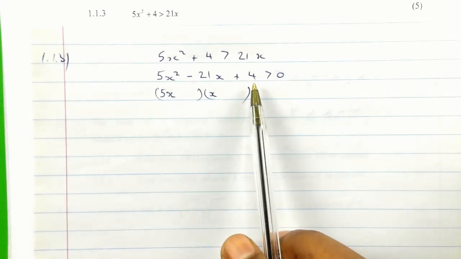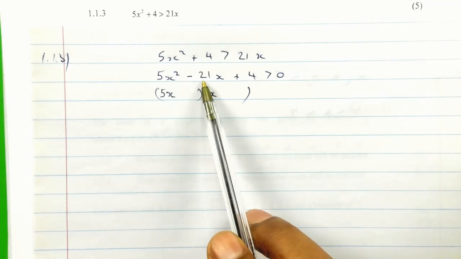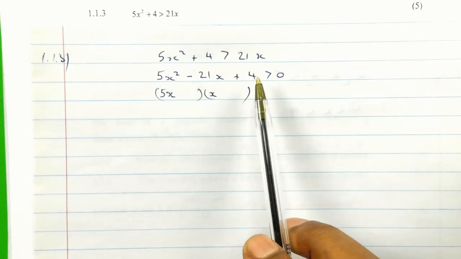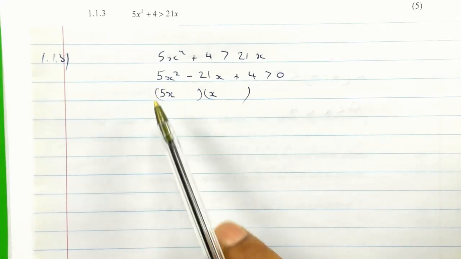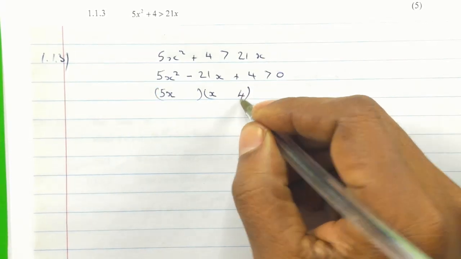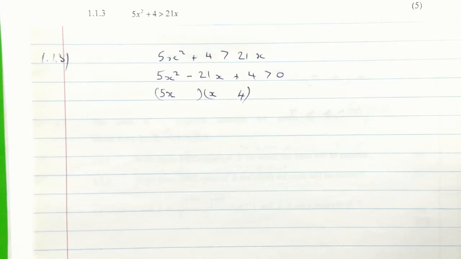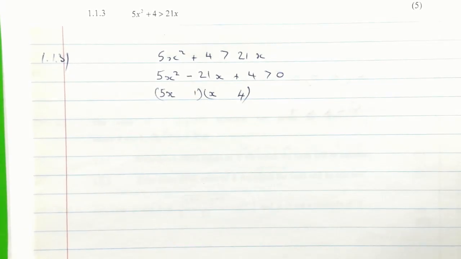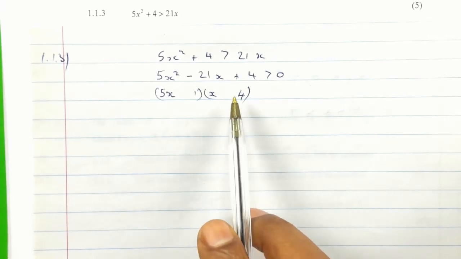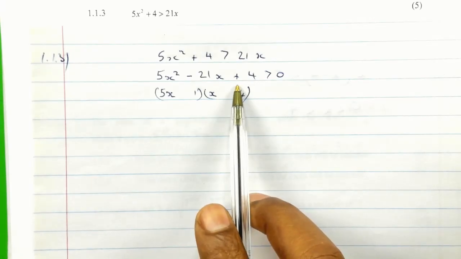I want a 21. How can I get a 21? I get a 21 by multiplying 4 and 5, isn't it? Okay, so if I multiply 4 and 5, what will I get? I'll get a 20. And then if I multiply 1 and 1, I get a 1. So I'll get 1x. Then my sign is positive.